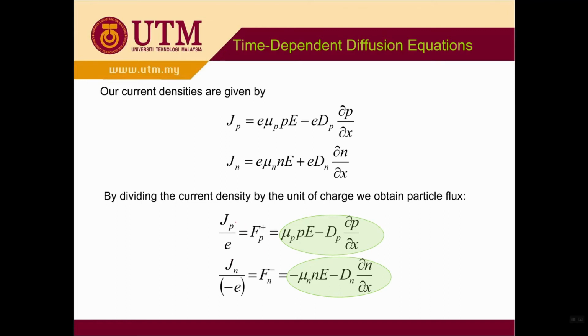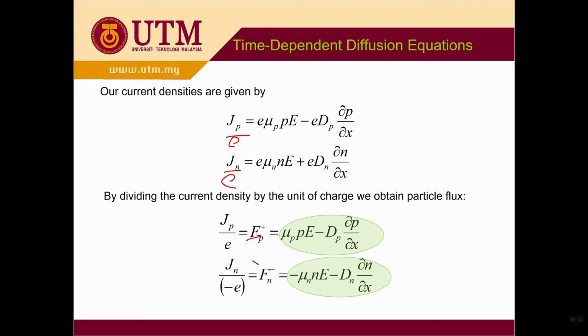Flux, like I told you before, is the number of carriers per unit area. So if you divide by e, the electron charge, you get this equation, which gives you the flux, and you can cancel out the e and simplify.